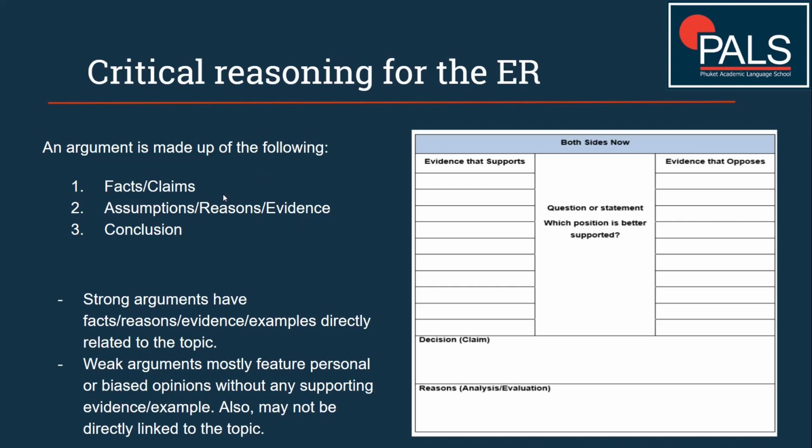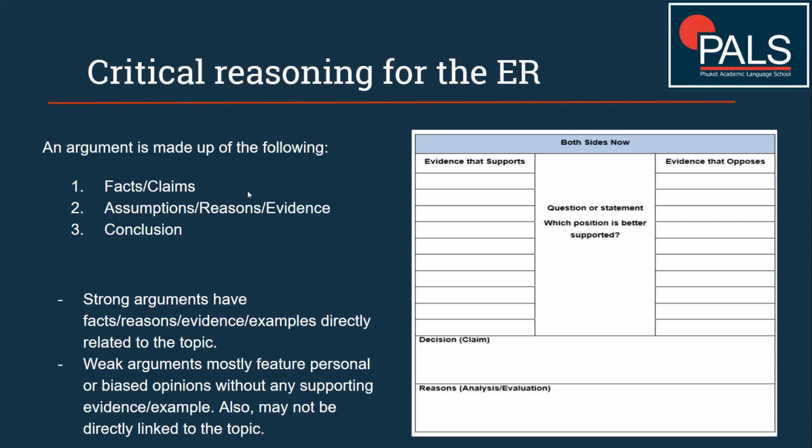Okay, so there's obviously we can have strong arguments or we can have weak arguments. Strong arguments have facts, reasons, evidence, and examples directly related to the topic. Okay, so that's what you're looking for when you read the articles. You're looking for the articles that contain facts, things like statistics, or things like scientific evidence is good.